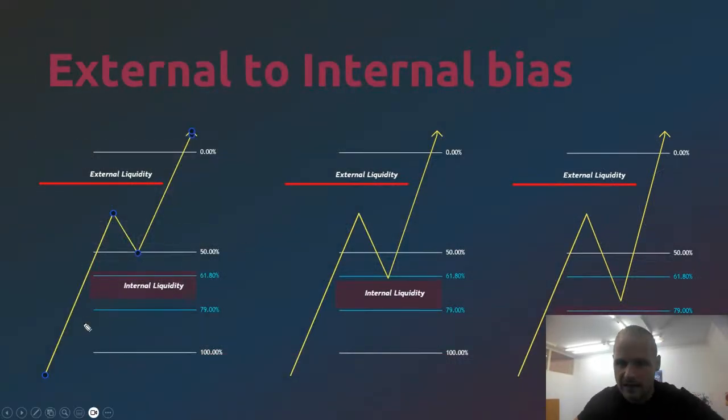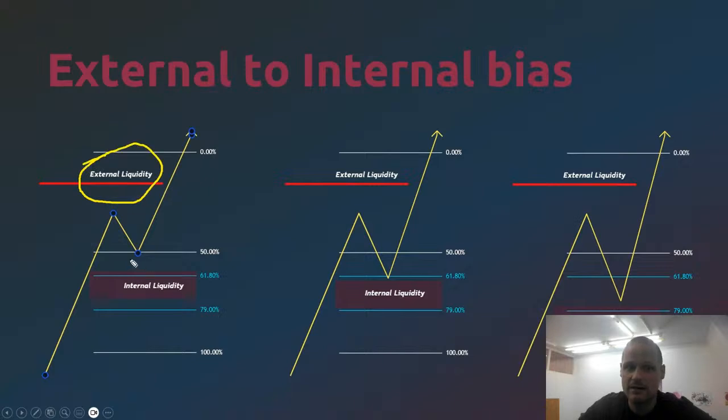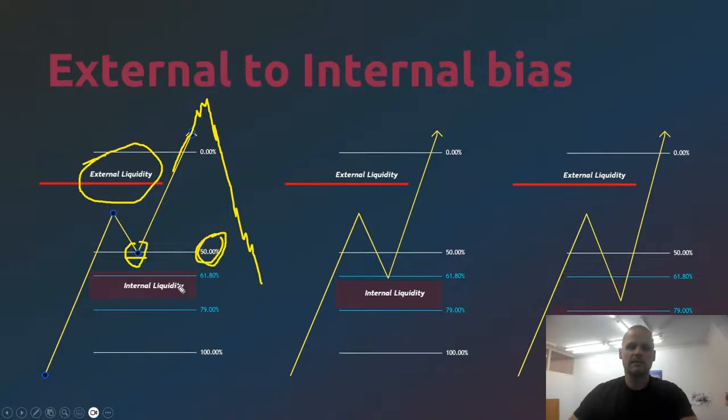So it depends on how the market was behaving before reaching that external liquidity, and where we have that low around 50%. As we've been looking at that example on the euro, price reached that external liquidity when it went down below the first low below 50%. So why does it mostly go there?